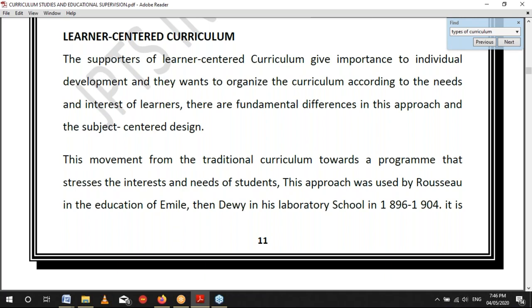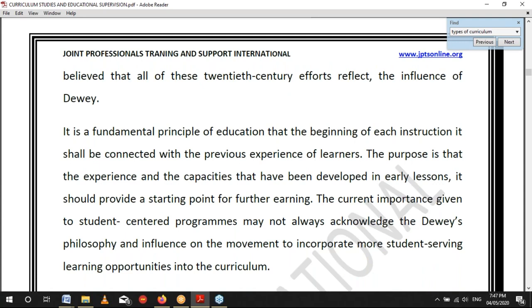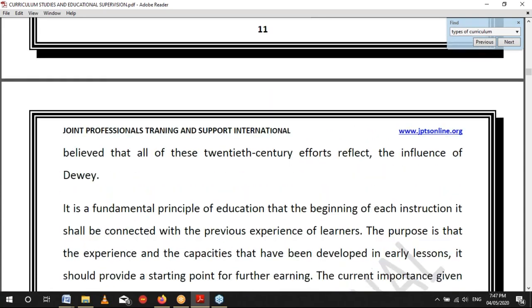In handling this learner-centered curriculum, the teachers are expected to connect the present teaching to the previous teaching so that the learners can understand and move ahead with the present teaching.